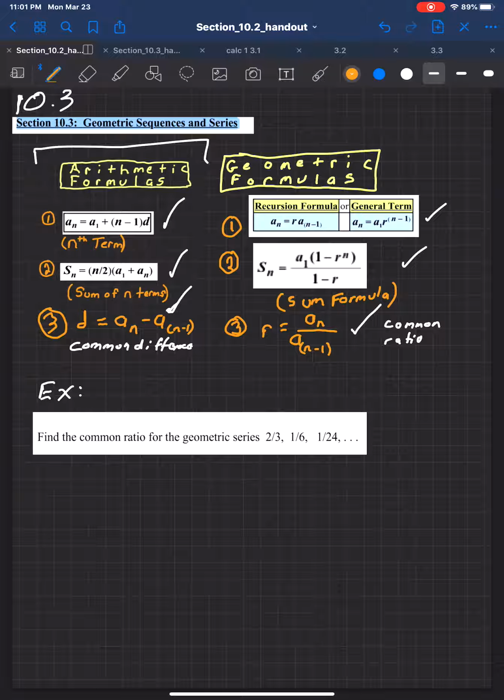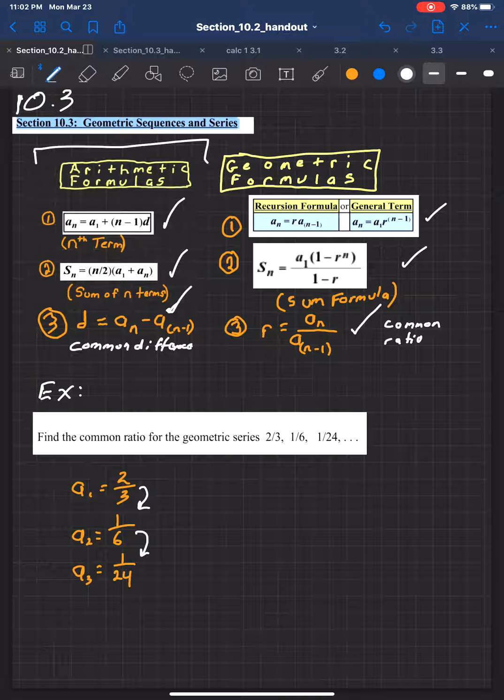We're going to start by noticing that a sub 1 is 2/3, and that a sub 2 is 1/6, and so forth. But our goal is to figure out how we are going from one term to another. I mean, how does 2/3 turn into 1/6? And then how does 1/6 turn into 1/24? Well, that's a good question, and that is the question of the problem. So the goal is to find the common ratio, r.